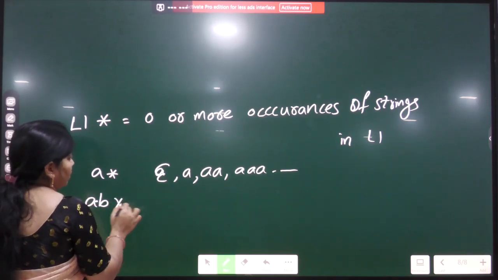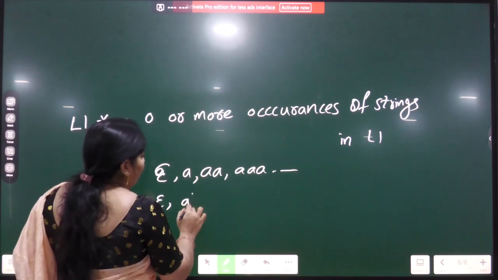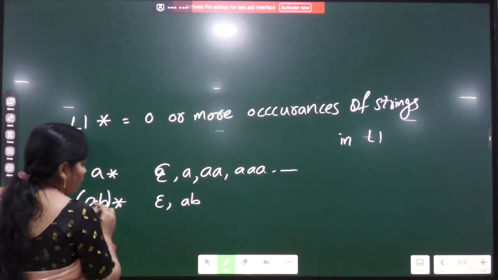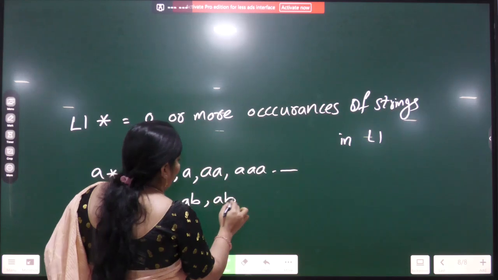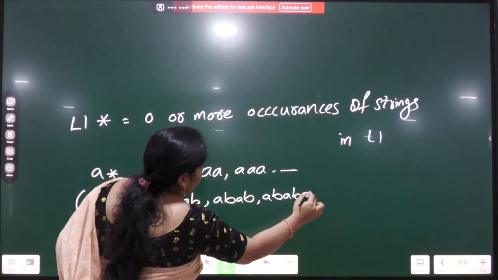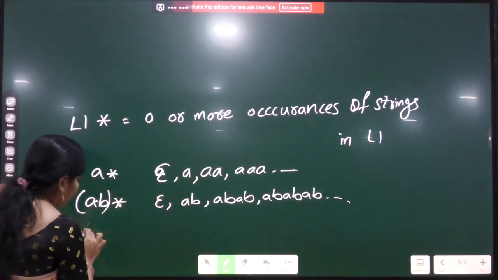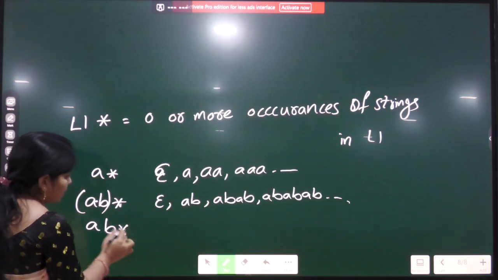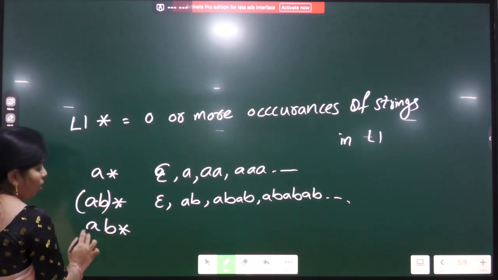Whereas if we have multiple character strings, then AB, next AB, and so on. If it is A, B star, there is a difference between AB whole star and A B star.